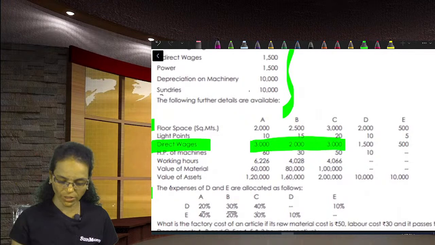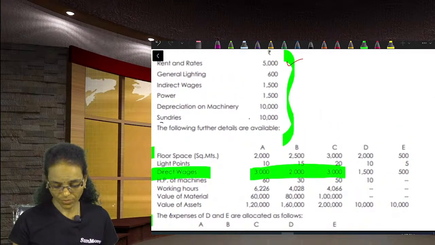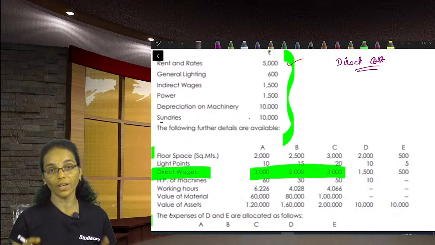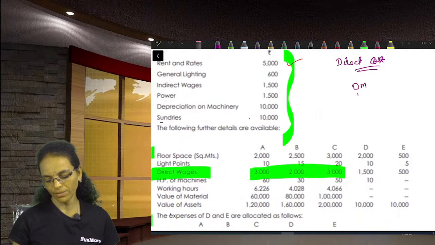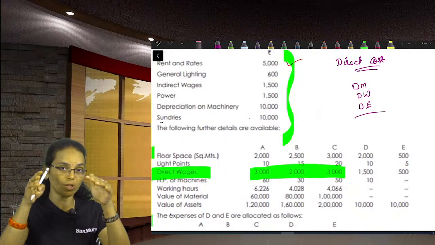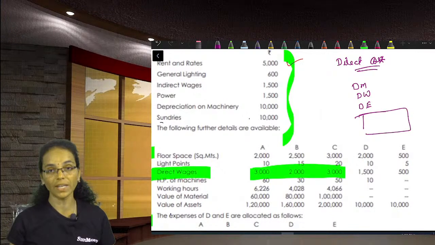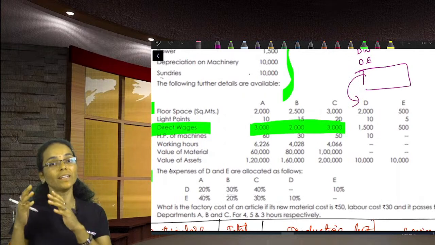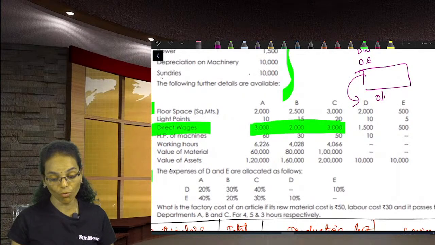See, when you go back to your marginal costing, what you will write under direct cost? Direct material, direct wages, direct expenses which are directly attributable to the product. After that, whatever you incur, you will take under indirect cost, that is under overheads.